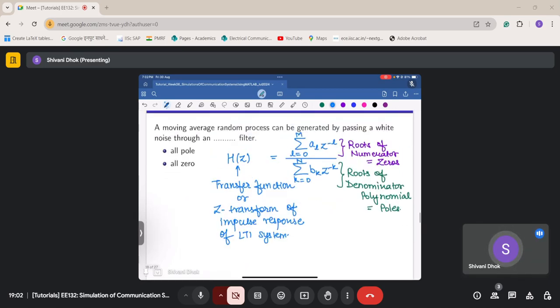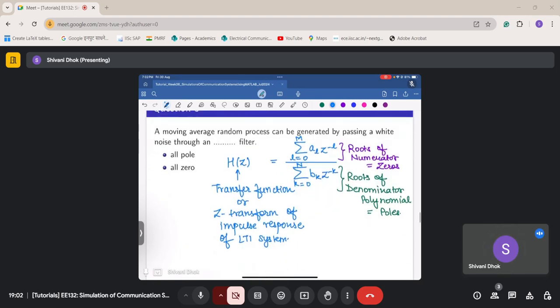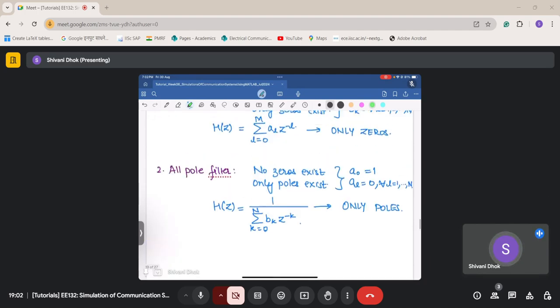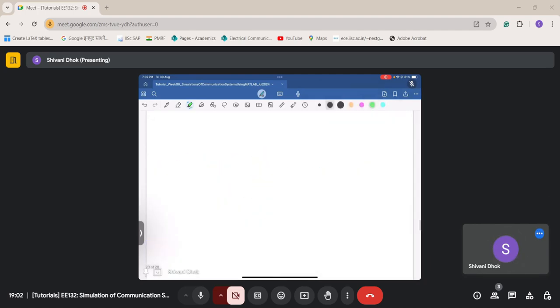Now let's get back to the question that we are asked. It says that a moving average random process can be generated by passing a white noise through a dash filter. So let's look at what the moving average filter is.